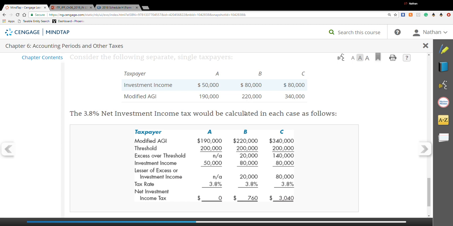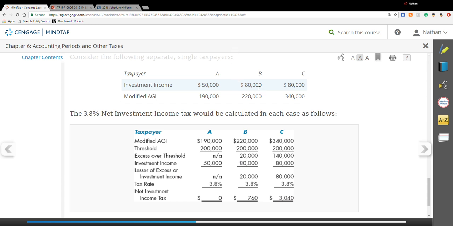Taxpayer B, 220,000 is modified AGI. Again, adjusted gross income, they basically are the same thing. Threshold, take out 200, so they're over by 20,000.